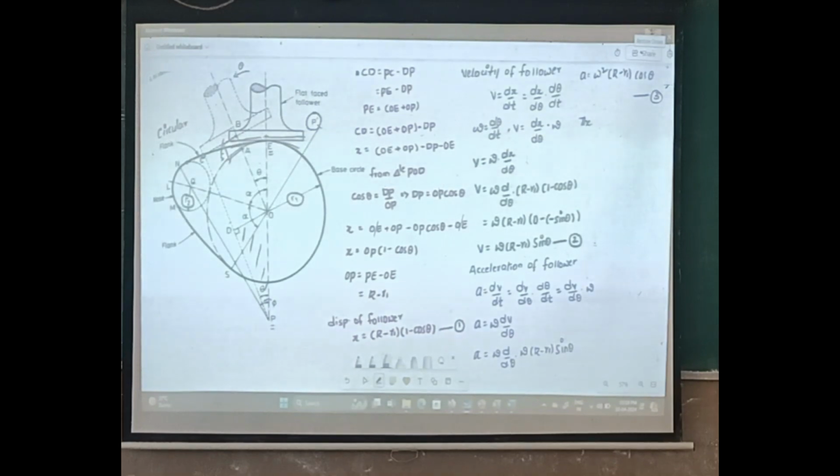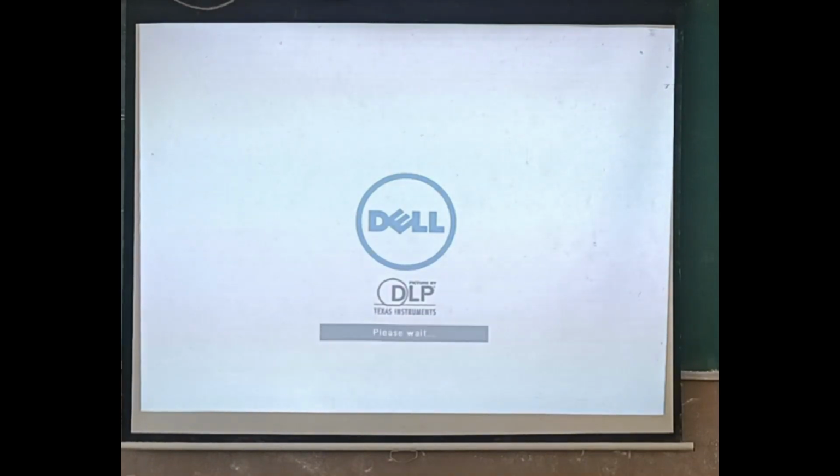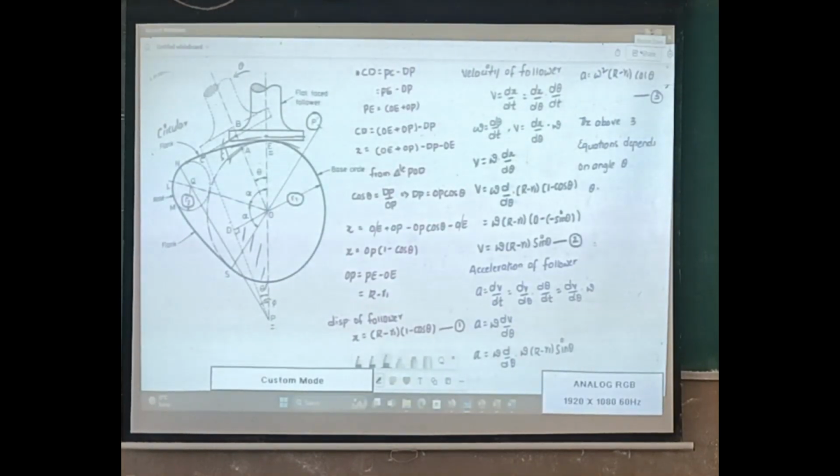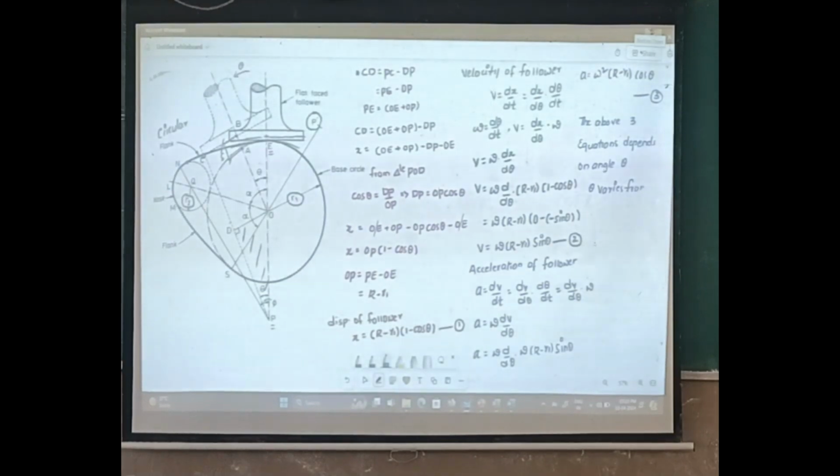The above three equations depend upon the angle theta. Theta varies from 0 to pi.